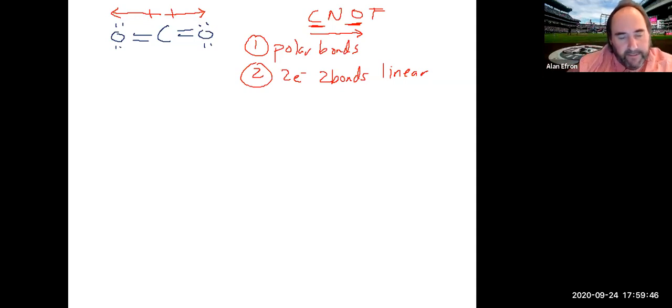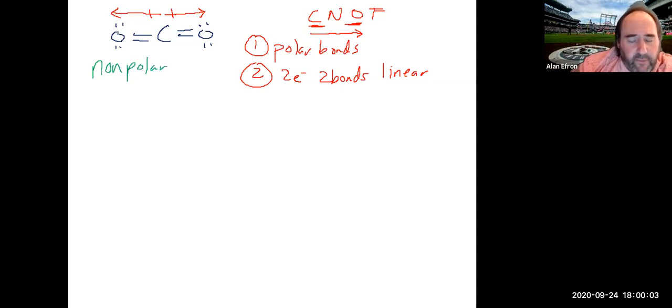So although this does contain polar bonds, because of the geometry, they are going to cancel each other out. And this will actually be a nonpolar molecule because of the geometry.